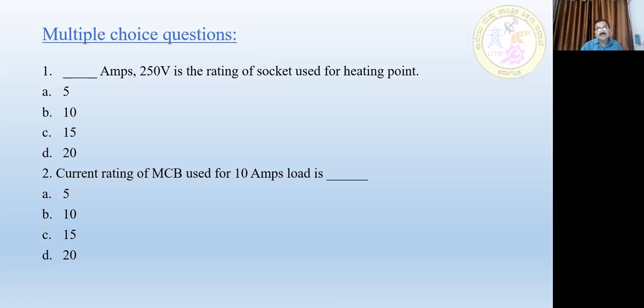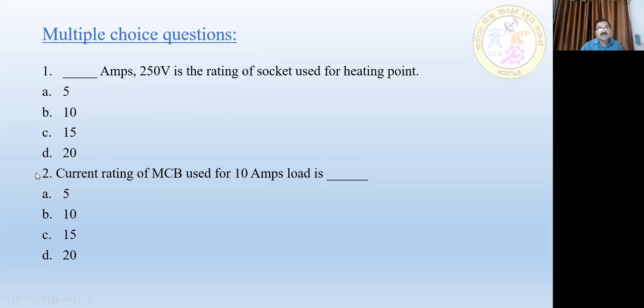The answer is 15 ampere. C, 15 ampere. So this is the heating circuit. For the lighting circuit, we use 5 ampere, but for the heating circuit, it is 15 ampere.